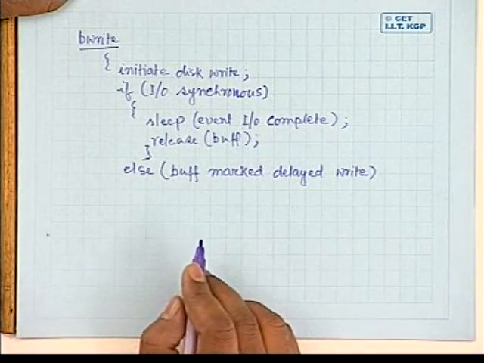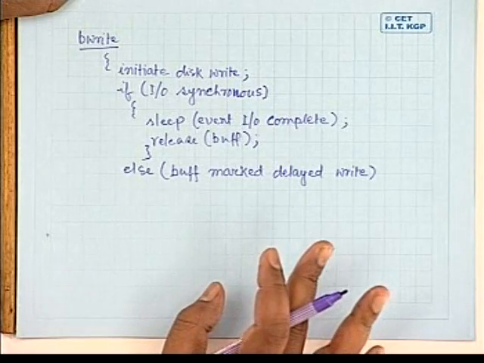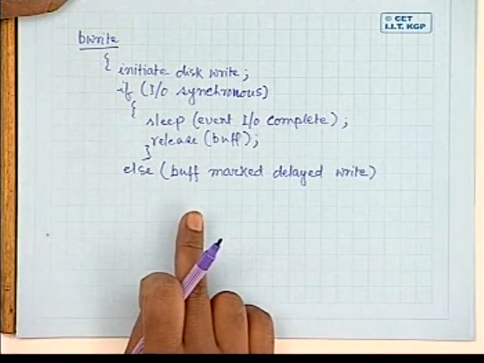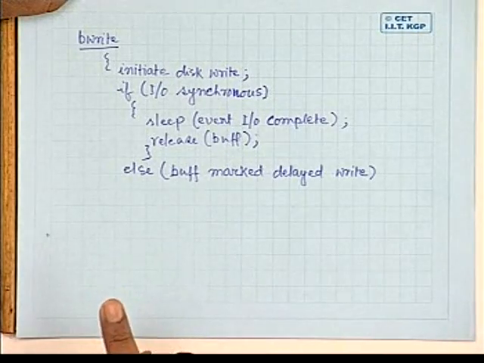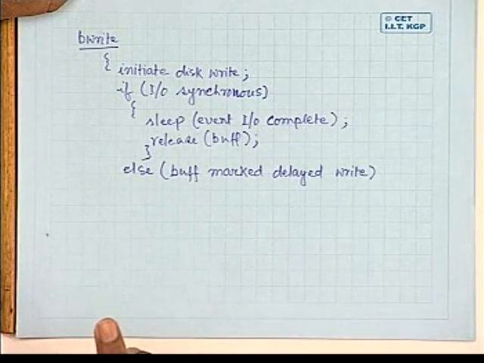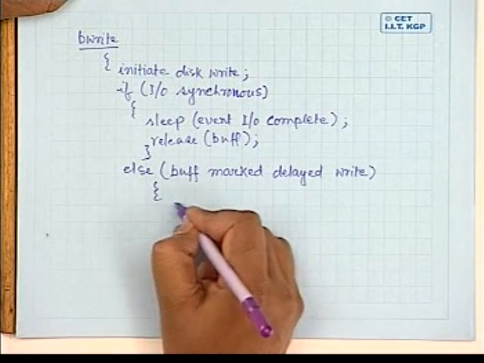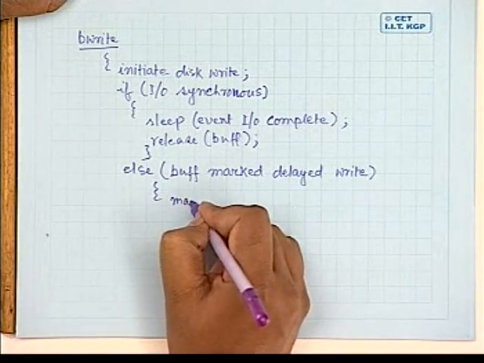In case the buffer was marked as delayed write, then after the writing is complete, we mark the buffer as old and return the buffer at the head of the free list.